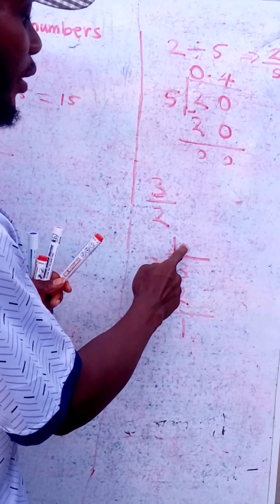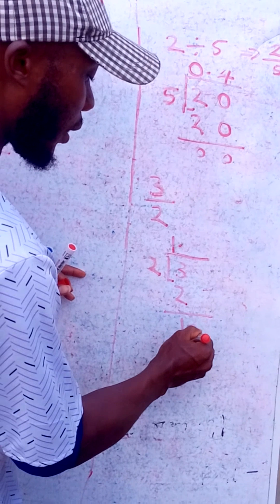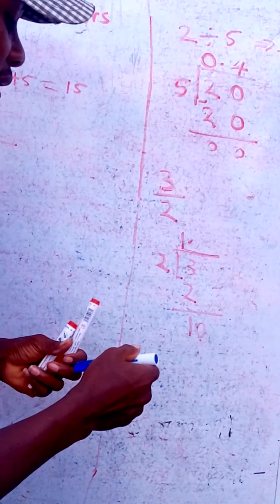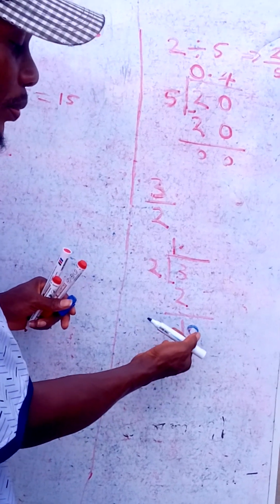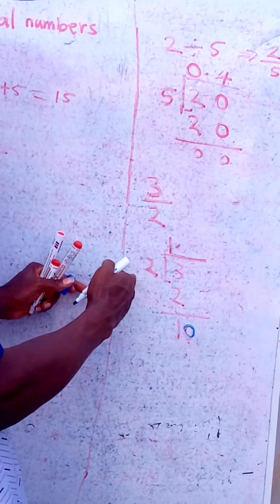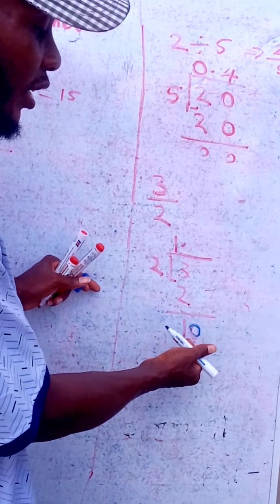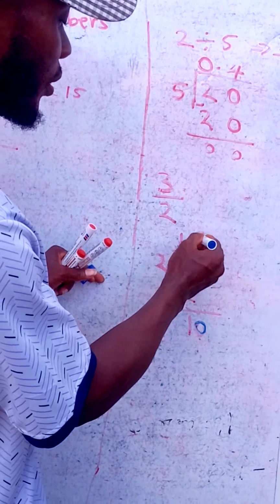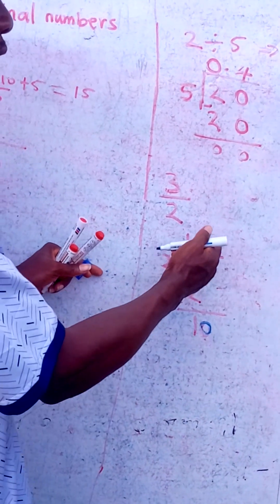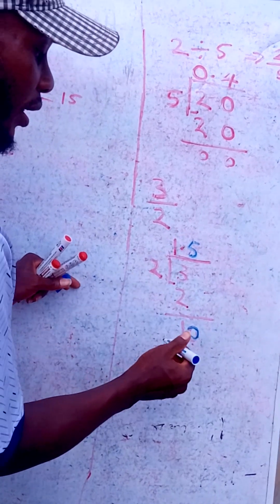Immediately we put the decimal, we also add 0 to 1, and 1 will become 10. So at this point, 10 divided by 2 is 5. If you use 10 oranges to give to 2 people, they will take 5 each. So 5 times 2 is 10.